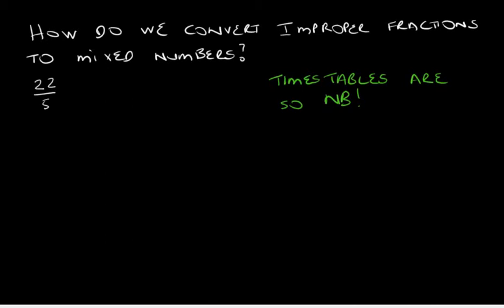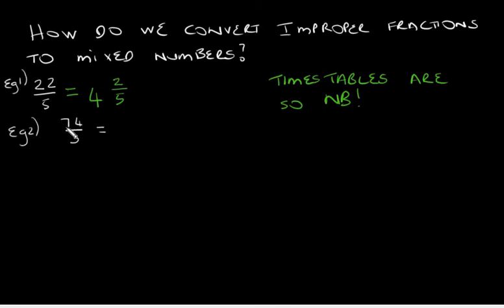The answer is 4. But you know that 5 times 4 is 20 and not 22. So that means that there's a portion left over, and that portion that's left over becomes our fraction. So our answer will be 4, and what's left over? 2 over 5.